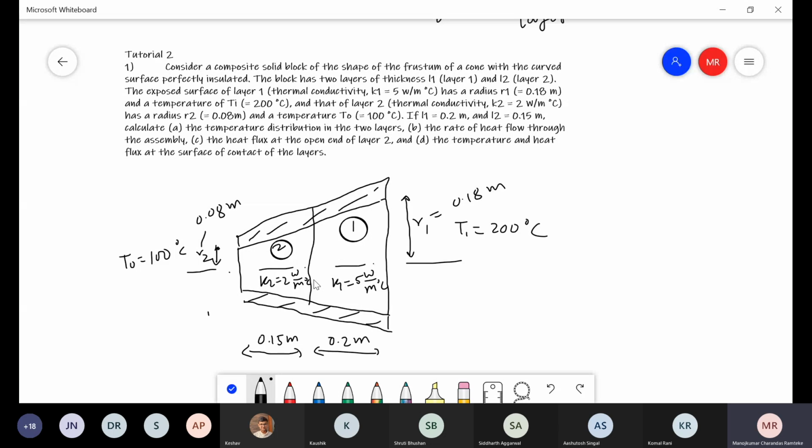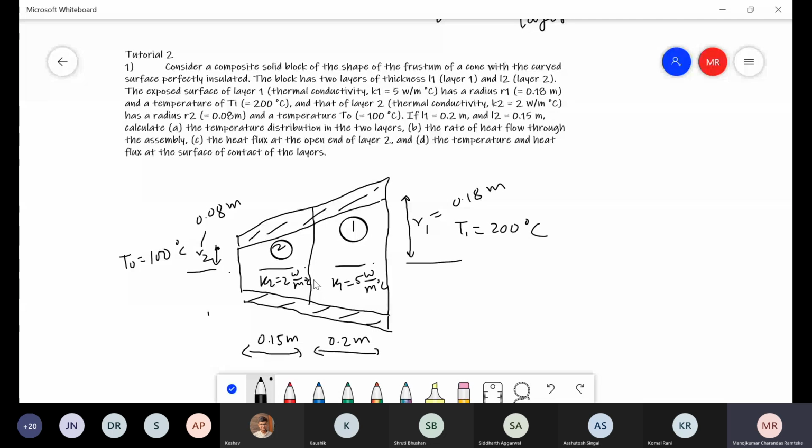layer 2. Correct. The temperature outside the layer 1 is given as 200 degrees Celsius. The temperature on the left hand side of the material 2 is given as 100 degrees Celsius. Again, radius R1 is 0.18 meter, radius R2 is 0.08 meter.